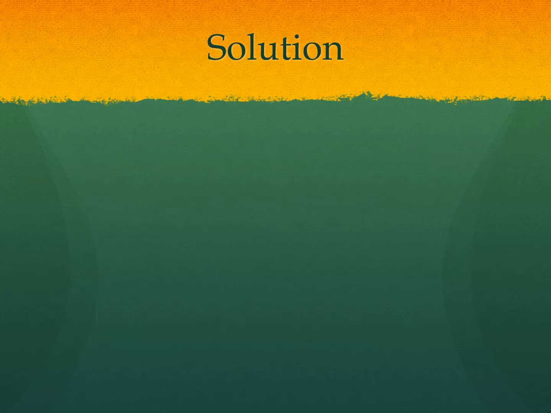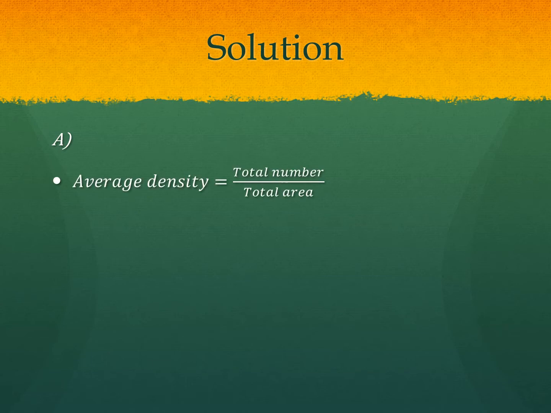Here's how the solution works. The formula we need is the average density equals the total number over the total area. Now this is really similar to another density formula that you guys worked with way back in grade 8, which is density equals mass over volume.